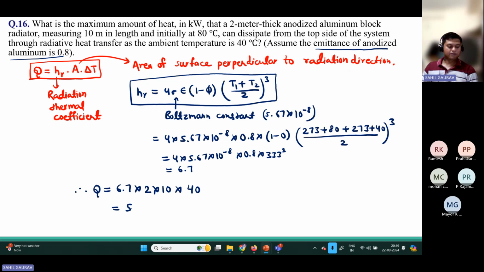So you will get 5359 watt. So it is approximately equal to 5.36 kilowatt. So the answer for this problem is 5.36 kilowatt.